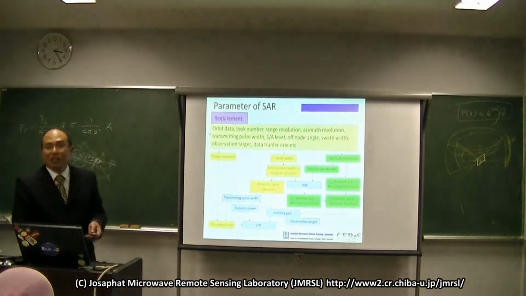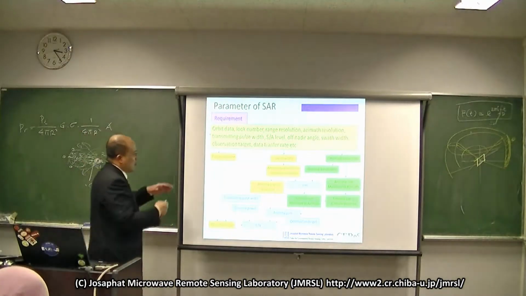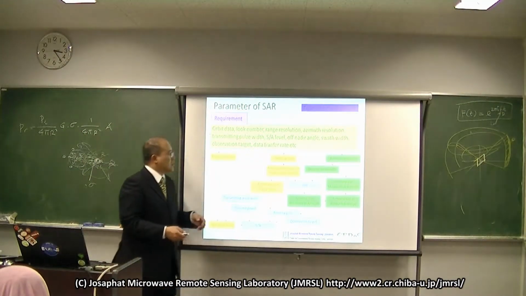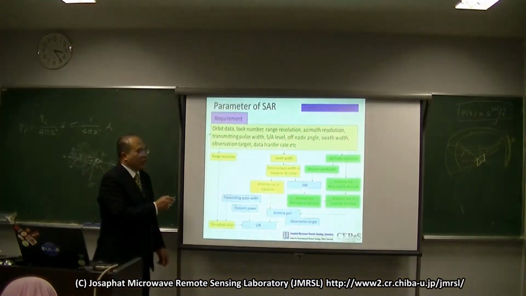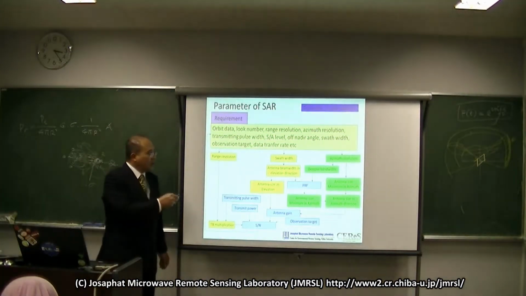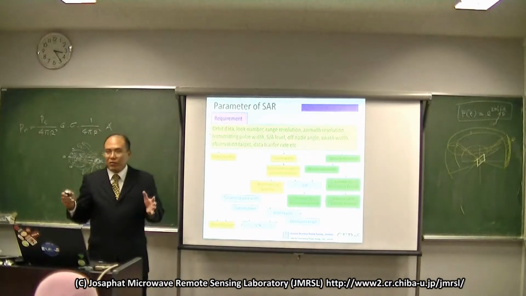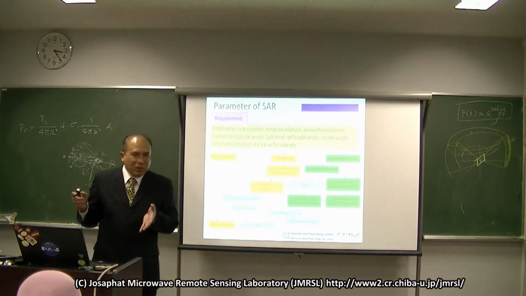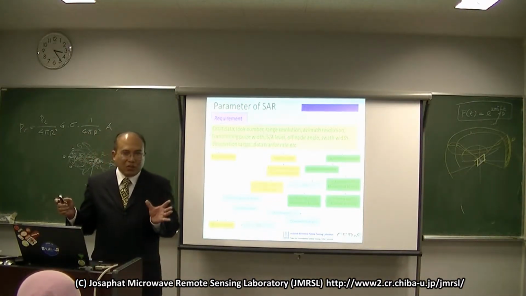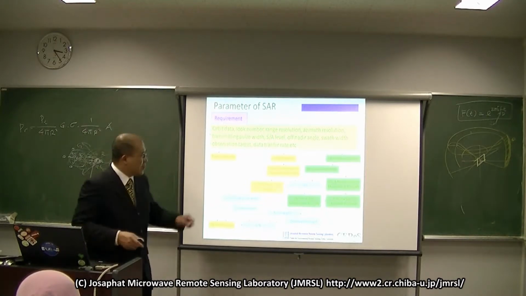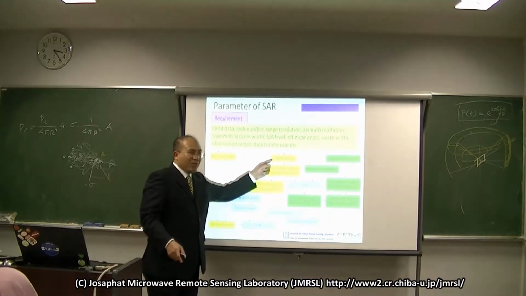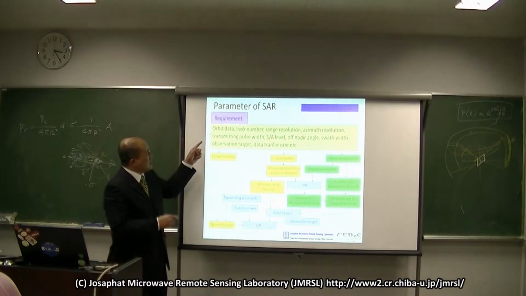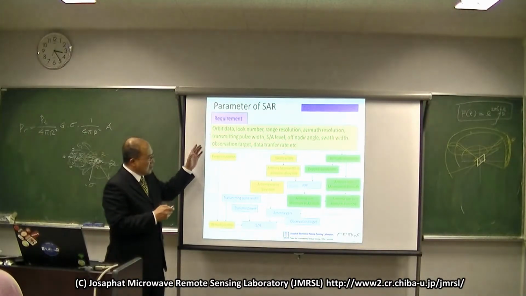This is the real case when you want to design your sensor. For example, you will design depending on the swath rate. If I want to observe, for example, 60 kilometers, we set it here. Then what frequency do you want to use? You can insert it here.